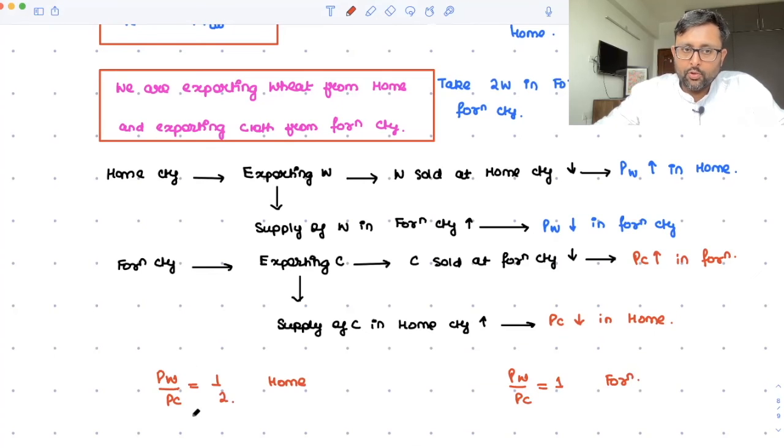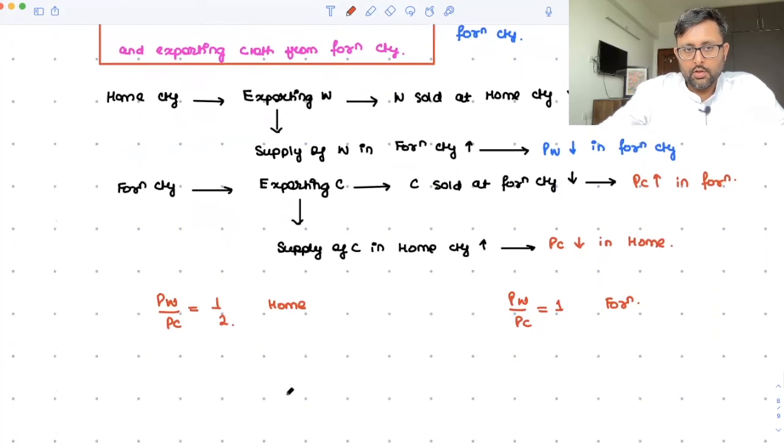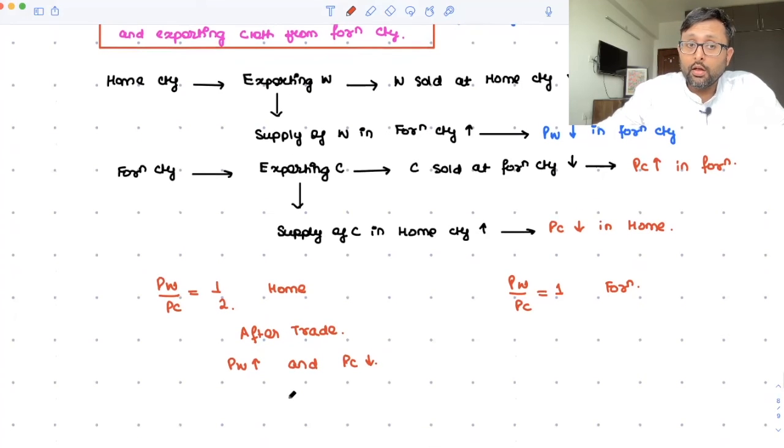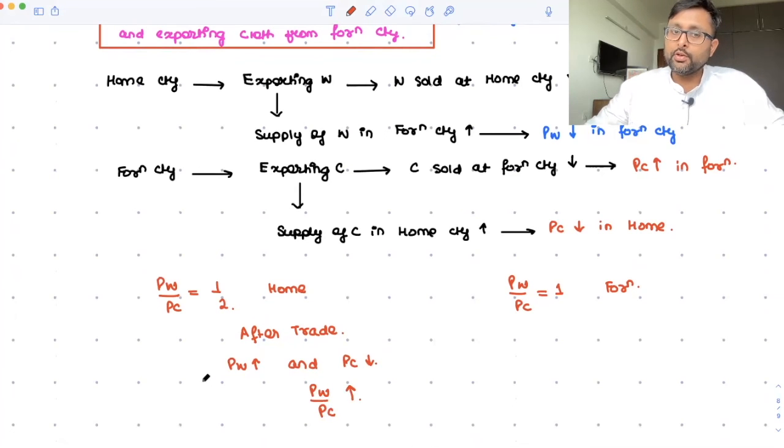If PW is going to increase and PC is going to fall in the home country after trade. So after trade, in the home country, PW is increasing and PC is falling. So this would mean PW by PC is going to increase.